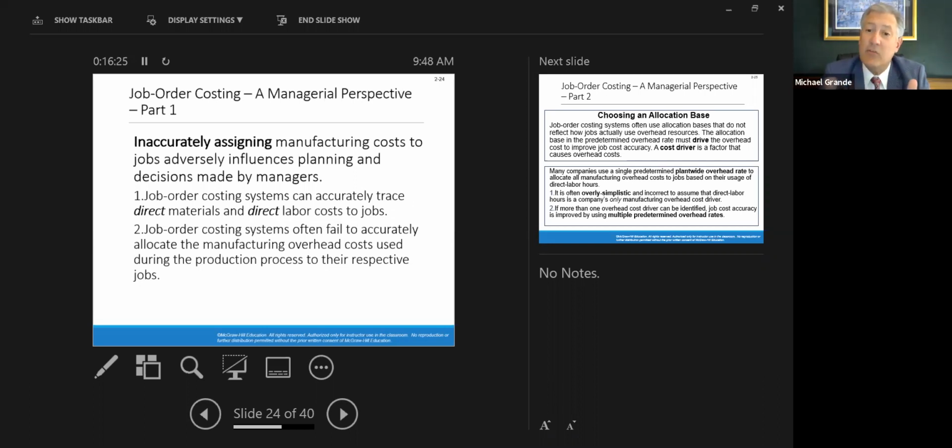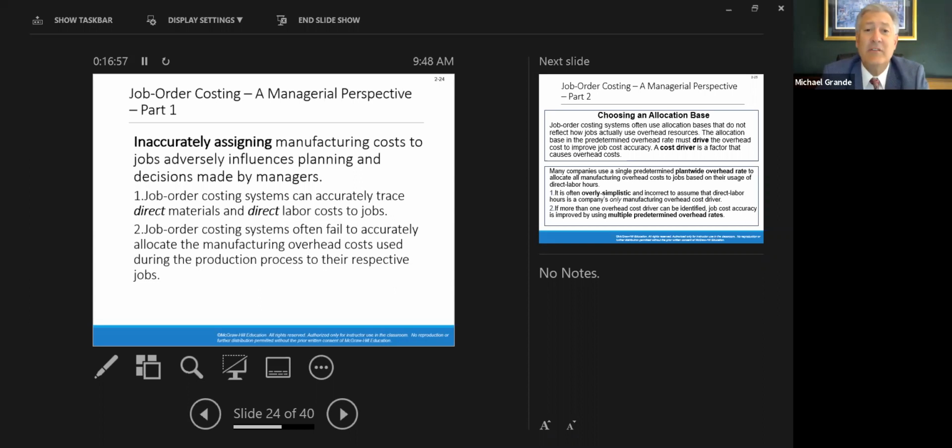Why? Because oftentimes the selling price is determined based upon cost. And we saw an example, if we think back to case 1-26, we had an illustration where a company came up with the cost of their product, and the cost was used to determine the selling price. So if we have an overinflated cost, then our sales price will be too high, and some would say, what's the problem?